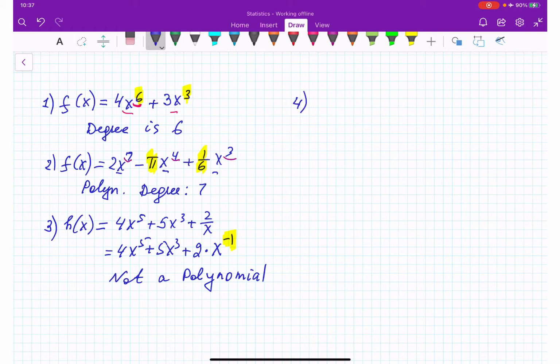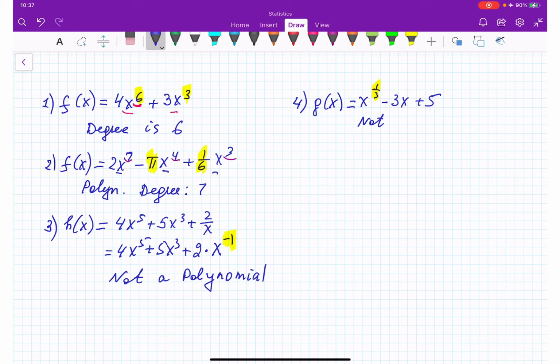So we have g of x is equal to x to the power 1/3 minus 3x plus 5. Do we have here 1/3, which is a fraction, therefore not a polynomial?